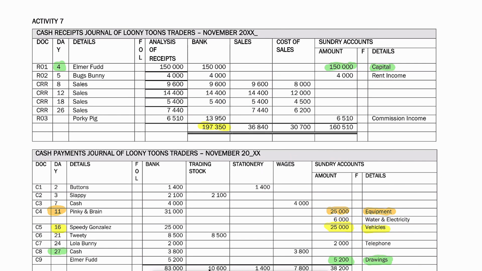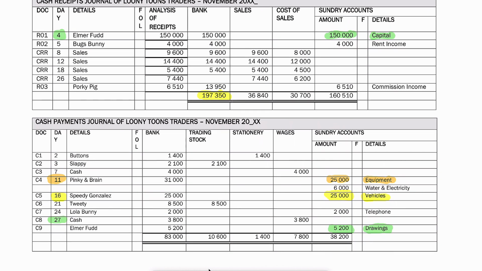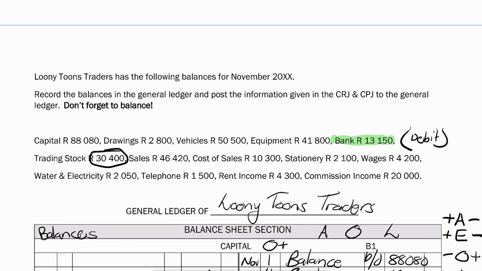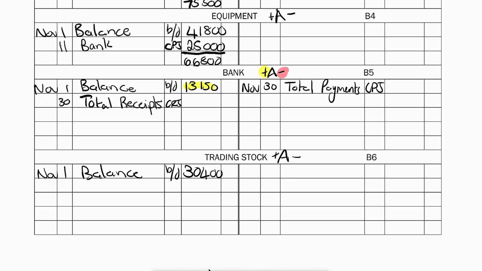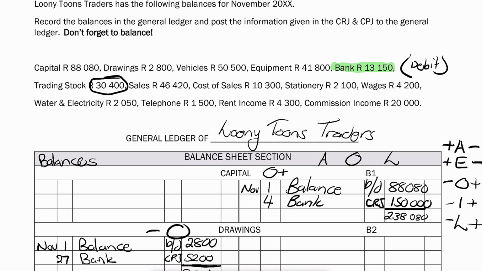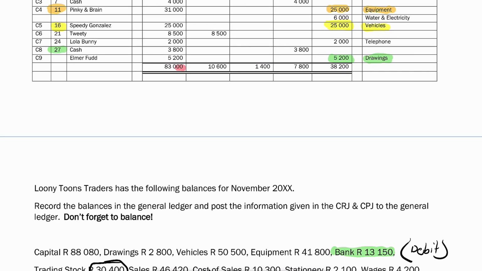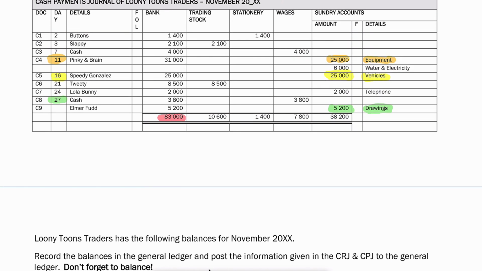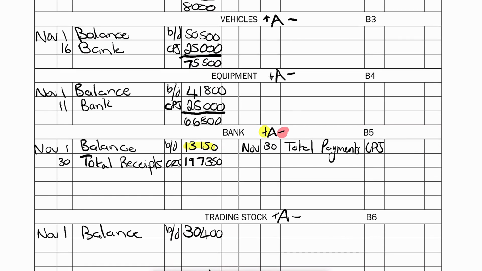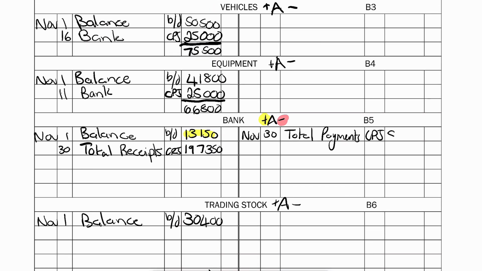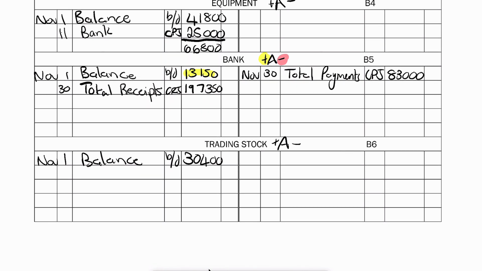Firstly, in our CRJ, our total receipts is 197,350 Rand. So we go and put in our 197,350 Rand. We then look at our total payments from our CPJ, and this is 83,000 Rand, the total of the bank column. So that is all the money that we have paid, 83,000 Rand. So now we need to balance this account.